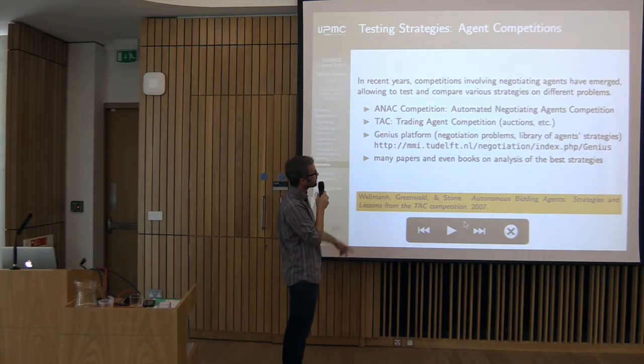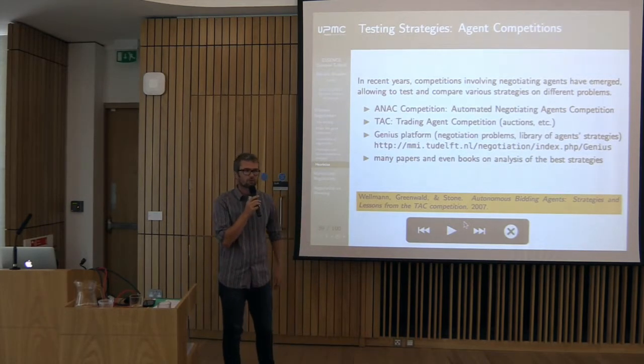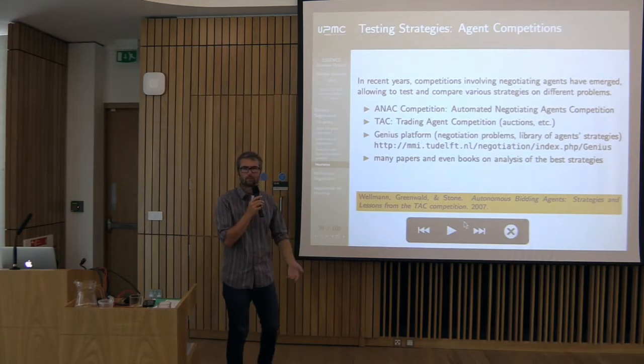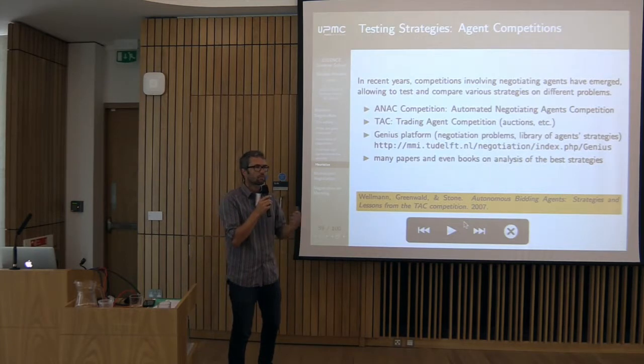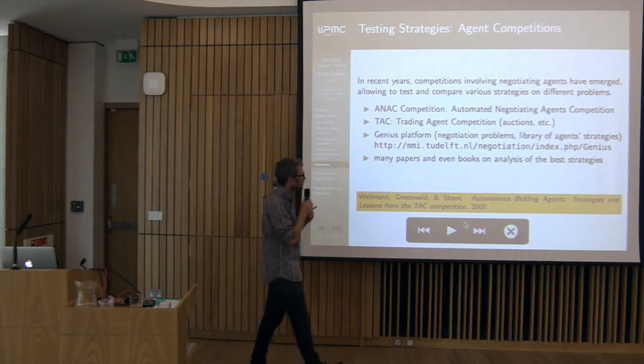One is ANAC, the automated negotiation agents competition. One is TAC, the trading agent competition, where you also have auctions and so on. People typically submit strategies and they have competitions in different domains, and then you win or lose depending on how well you do with your agent.